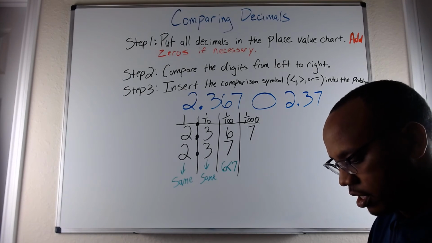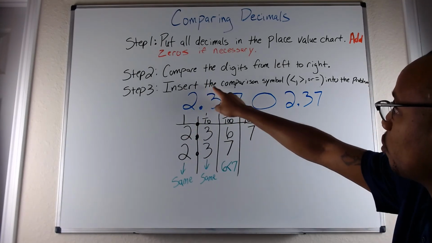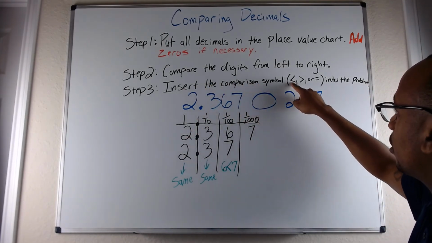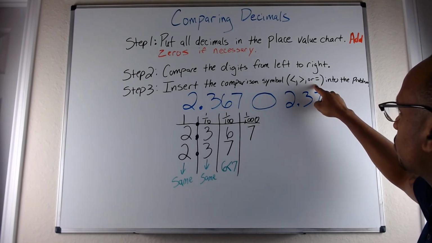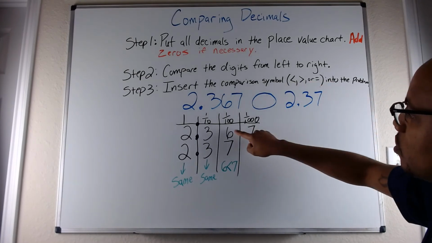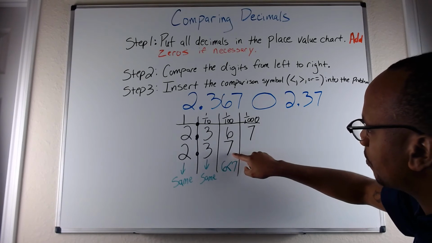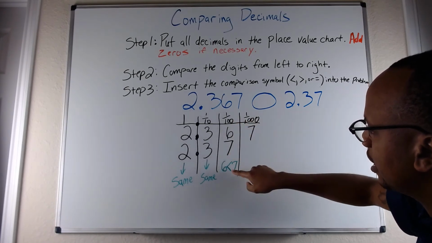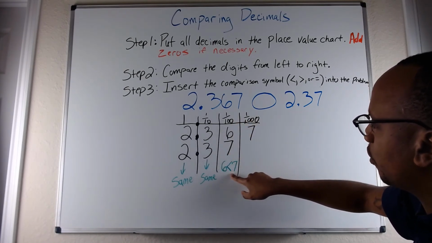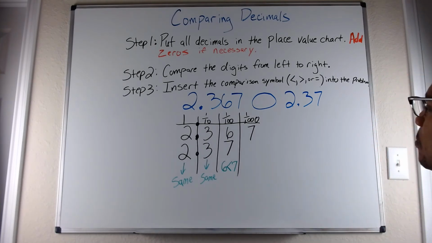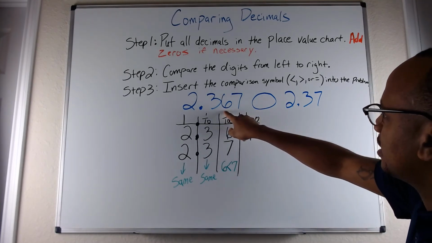number. So step 3, insert the comparison symbol, less than, greater than, or equal to, into the problem. So again, I look at, okay, I'm looking for the one with 7 in the hundredths place and give a greater than symbol to that one. So this is a 6 in the hundredths place.